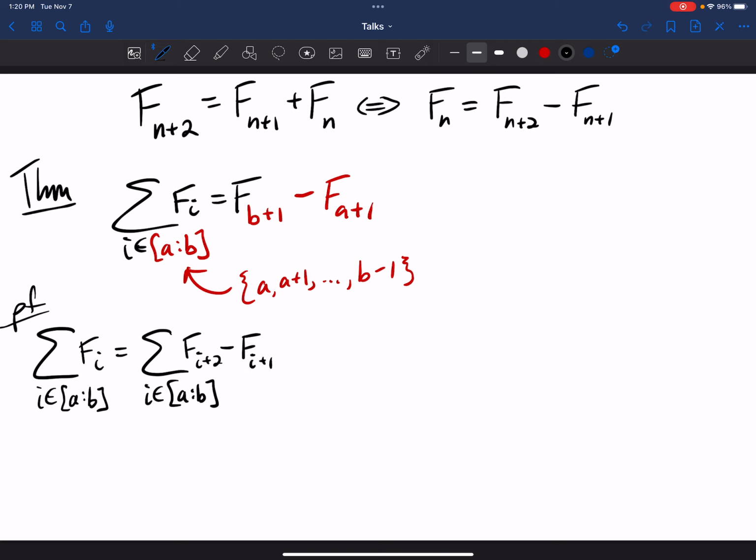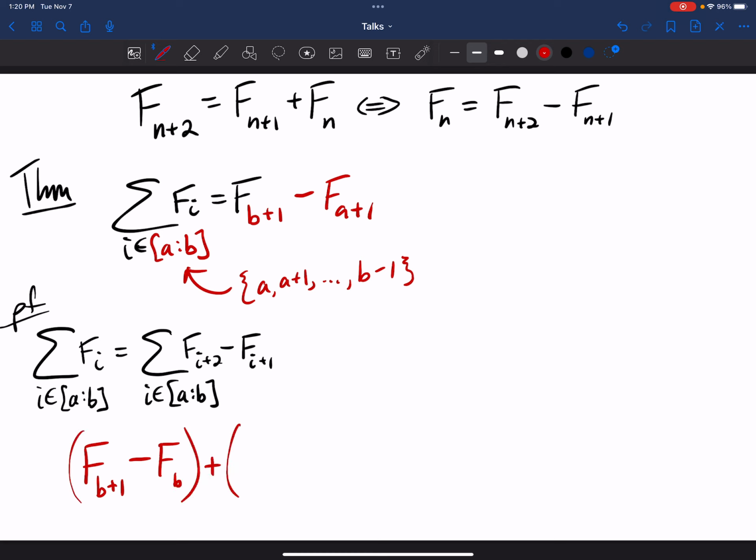All right, so what will this give us? If I were to write this out, and let's say I started with the largest terms, the largest term here is i equal to b minus 1. So b minus 1 plus 2 is b plus 1. And then i plus 1 would be just f(b). So that's the largest term.